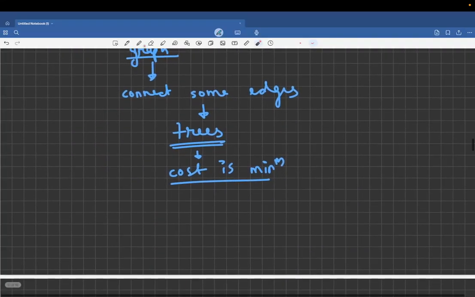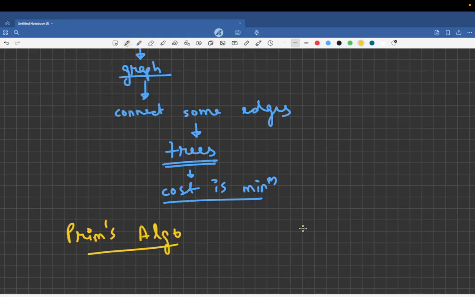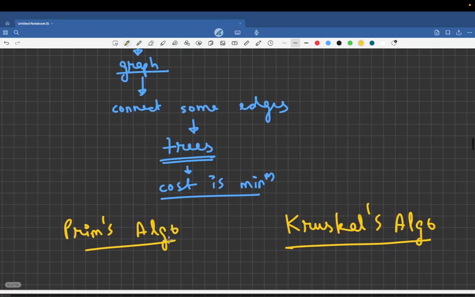And to form MST, there are two famous algorithms that we have. One of them is Prim's algo, and the other is Kruskal's algo. Prim's algo involves selecting an unvisited node and selecting the minimum edge that goes from that node, and this is how you proceed.